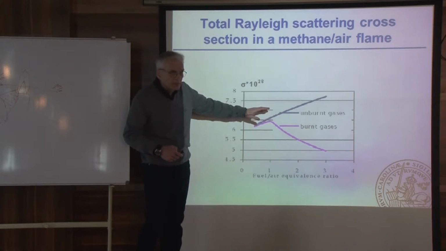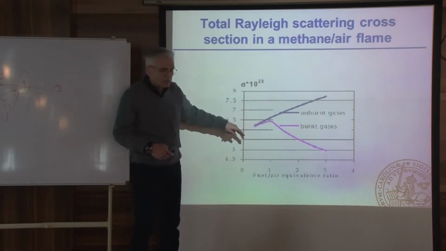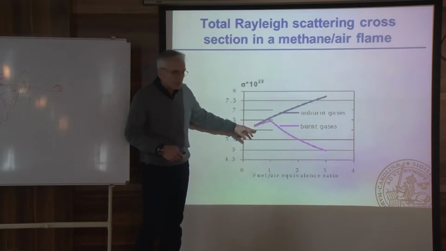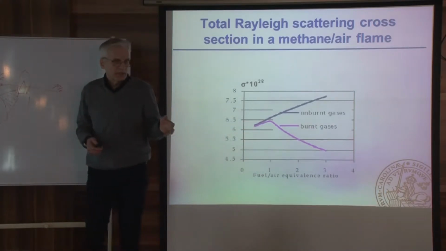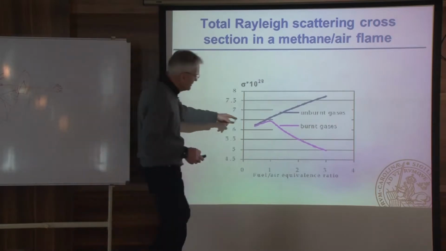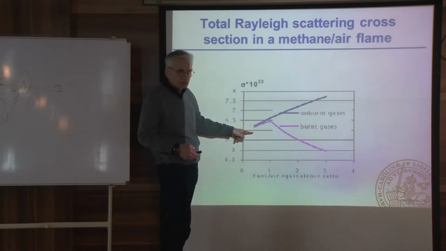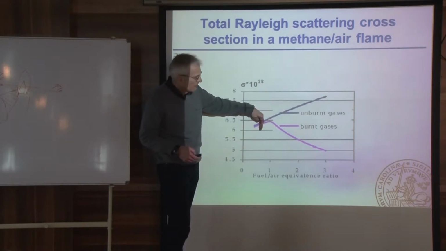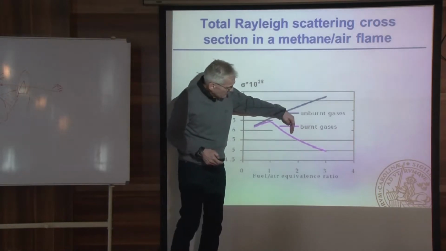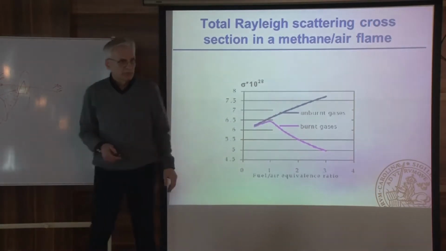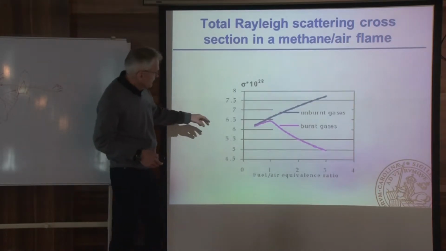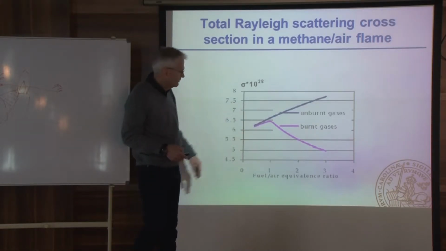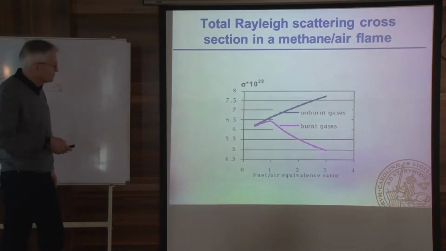It just happened to be that if you compare the unburnt gas, which is oxygen, nitrogen, fuel, with the burnt gas, which is preferably carbon dioxide and water, they are the same up to a certain stoichiometry. So here you can do a lot of experiments. If you go to a richer flame, then you have to watch out. So that's why Rayleigh scattering must be used below roughly an equivalence ratio of 1.